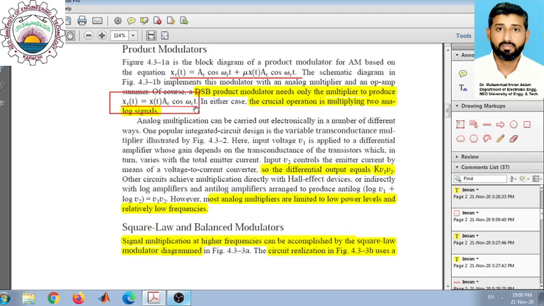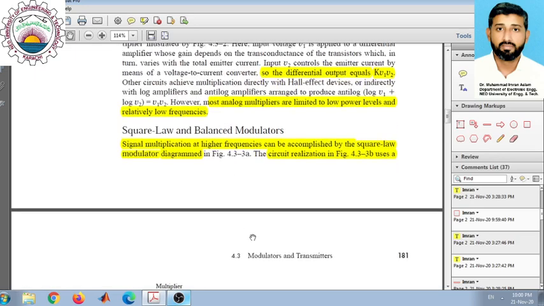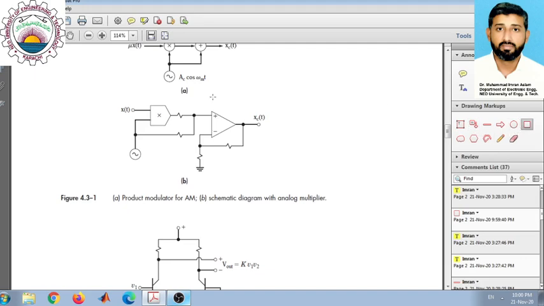So if in any case we need to have this DSB at the output, we use this same circuit again, but the output will be taken at this point only, where you have the product of the signals only, and we do not need this op-amp part.